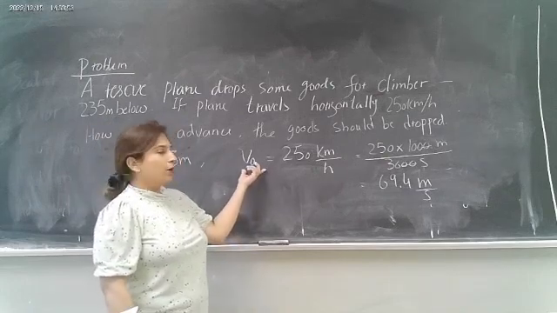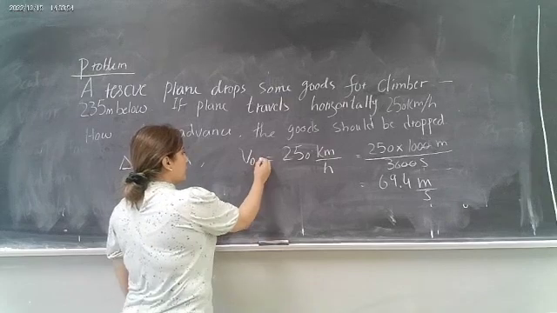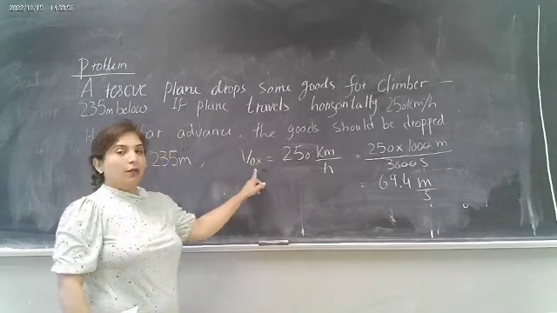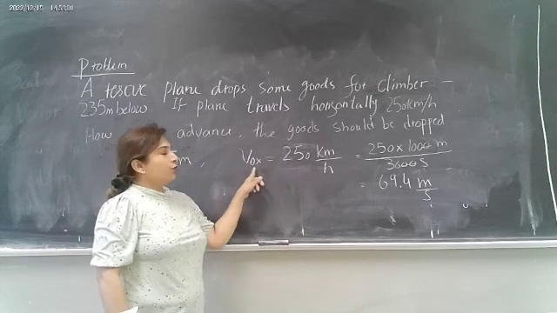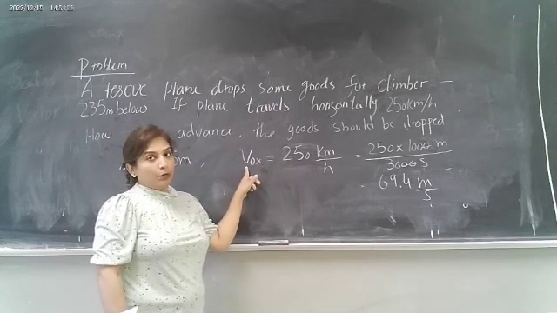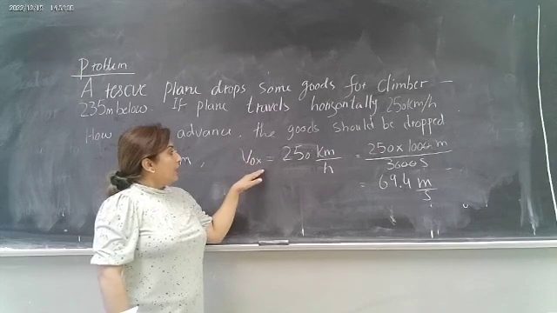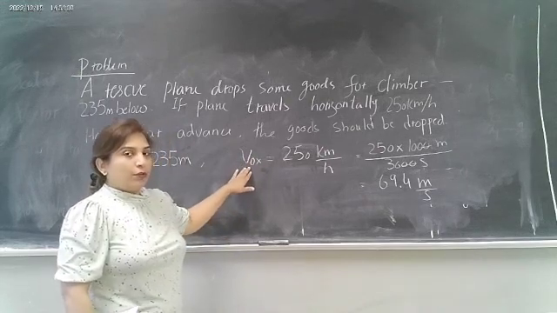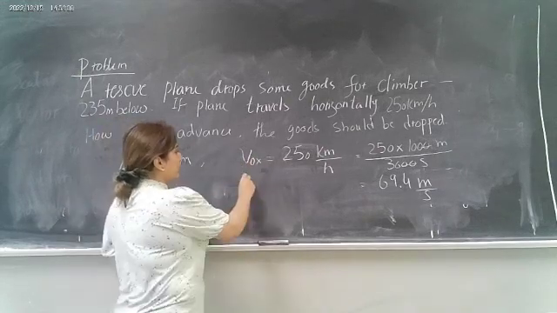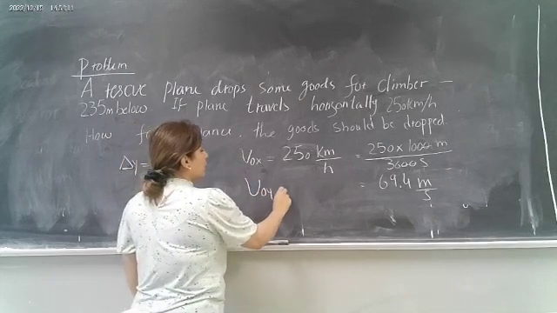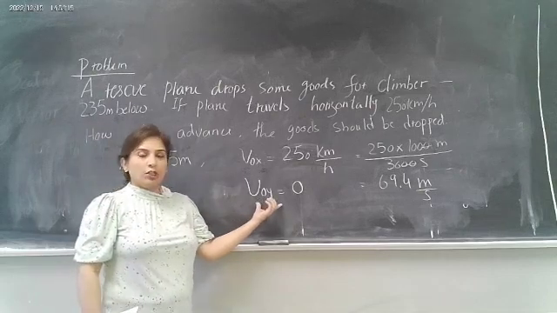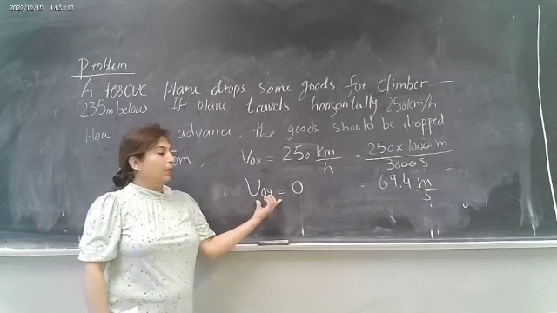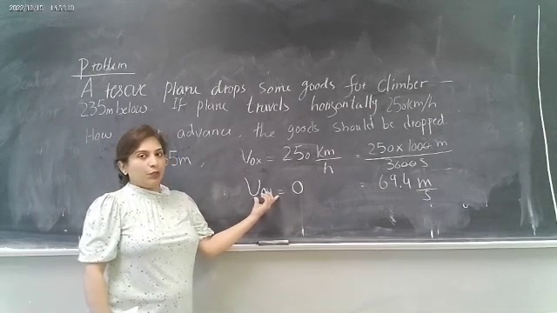Since it is only horizontal, I can put the x here because this is the horizontal component of the velocity, and this should remain the same throughout its motion. There is no vertical velocity, so v naught y is 0. That is the hidden information given in this problem, that the initial vertical velocity is 0.